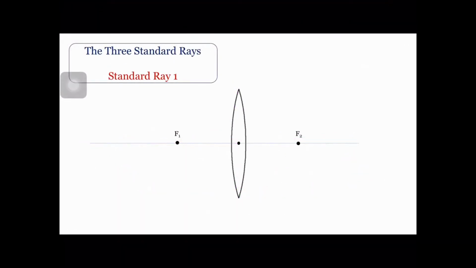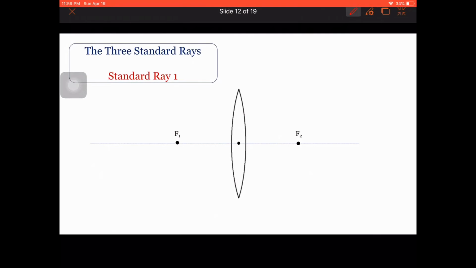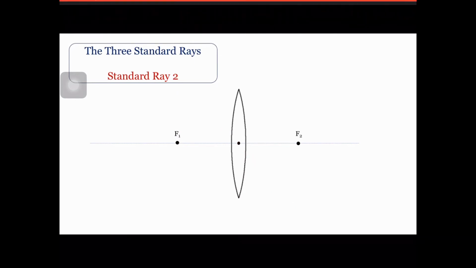Now there are 3 standard rays that we're going to use as rules in drawing ray diagrams. First, we have standard ray number 1. Standard ray number 1 is very easy. It is a line drawn through the optical center of our lens, and it will go undeviated, unbent. Now we have standard ray number 2.